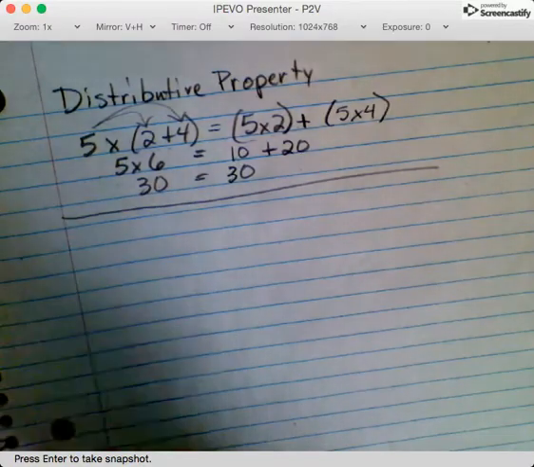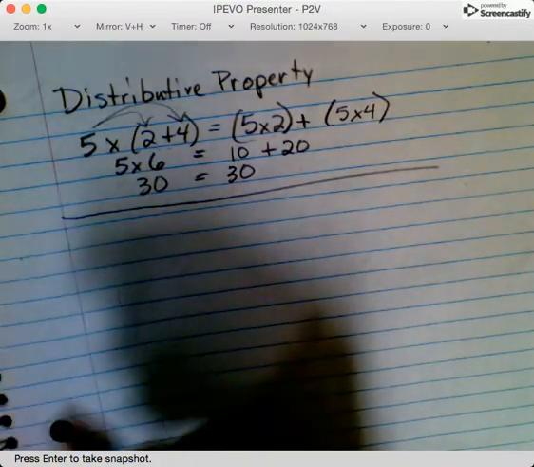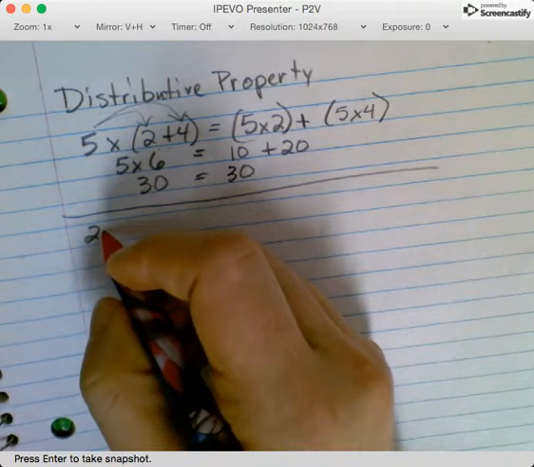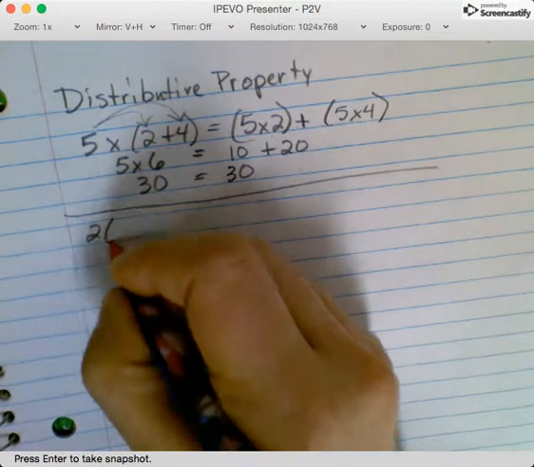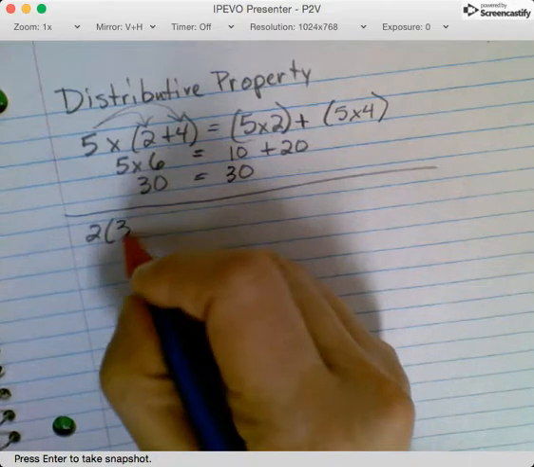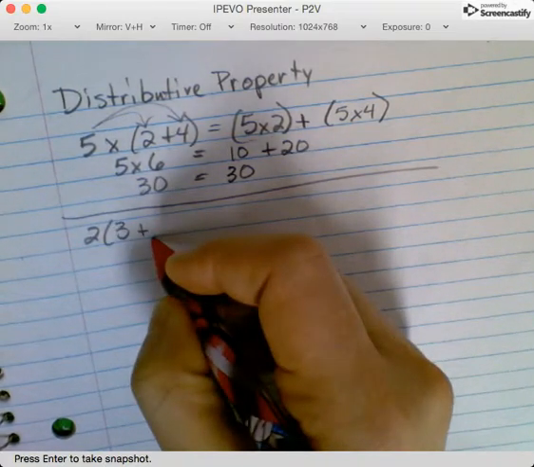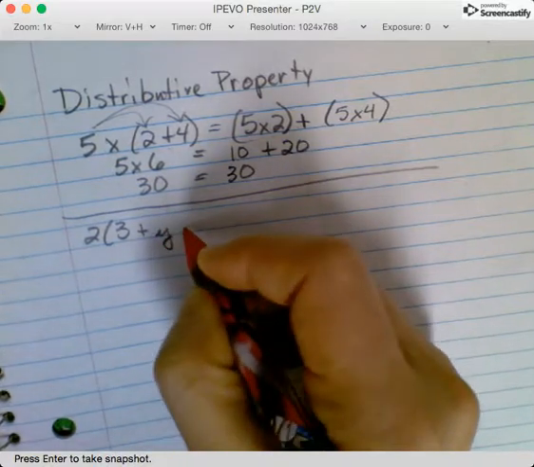We're going to work on going back and forth between the two methods, or the two ways of writing them. Some of them we're going to break up, and some of them we are going to put together.